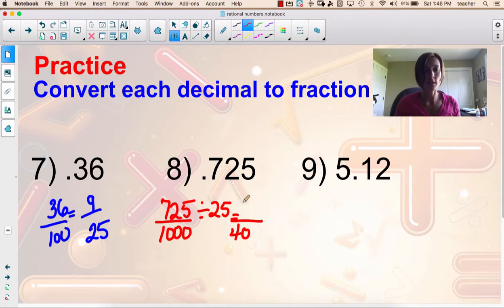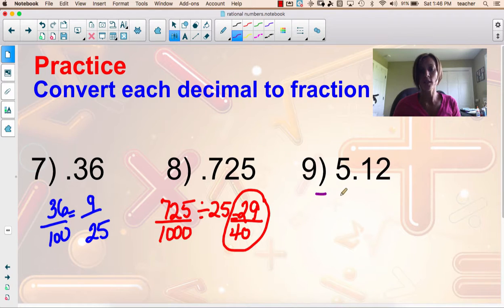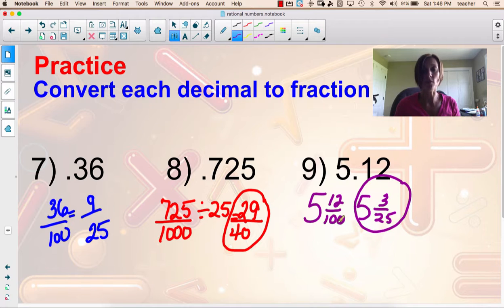All right, so 725 divided by 25 is 29. So we have 29/40 as the answer to example 2. 5 and 12/100, which simplifies by dividing by 4 to 5 and 3/25 in simplified fraction form.